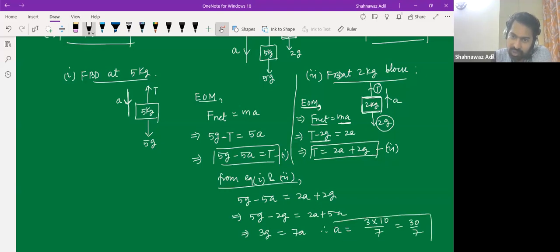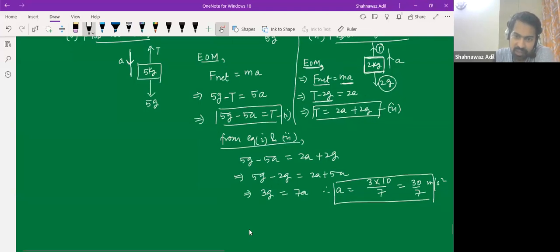30 by 7 meter per second square, which is how much? Which is 4 point something. Okay. And what is my tension? Tension is 2A plus 2 into 10, which is 20. So 2 into A by 20 plus 20.